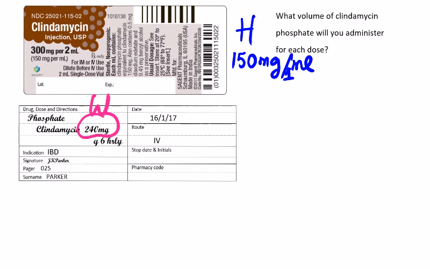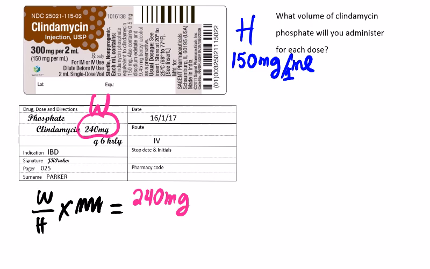If we are using our formula, we're going to do want over have times the third quantity. Many times that third quantity is the volume. In this case, the want will be 240 milligrams over, or divided by, our have. So now we need to choose between 150 milligrams or 1 mil.